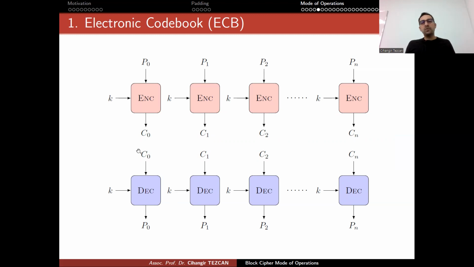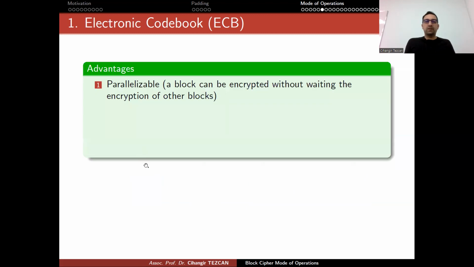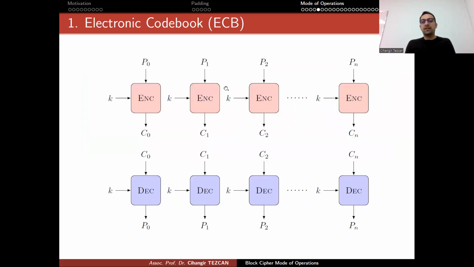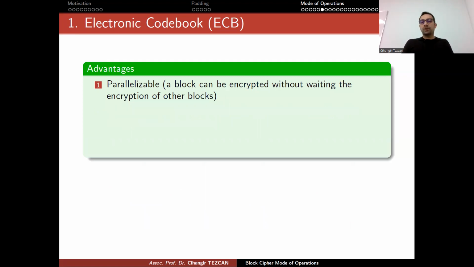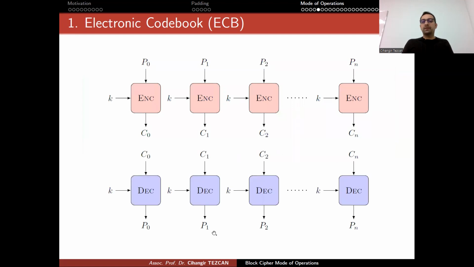ECB has a lot of advantages because it is parallelizable. A block can be encrypted without waiting for the encryption of other blocks. As you can see from the picture, you can encrypt Pn without waiting for the encryption of the previous ones, right? It also has random access. A block can be decrypted without waiting for the decryption of other blocks, because again, you decrypt independently.